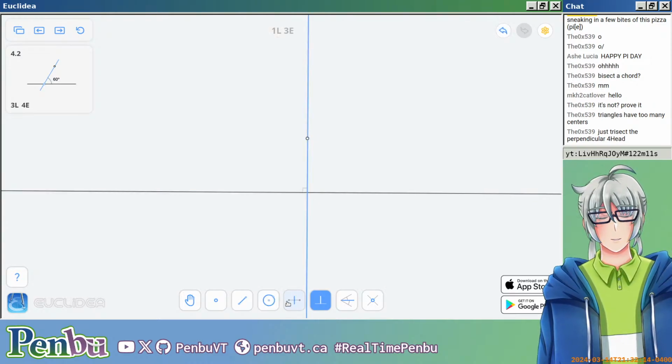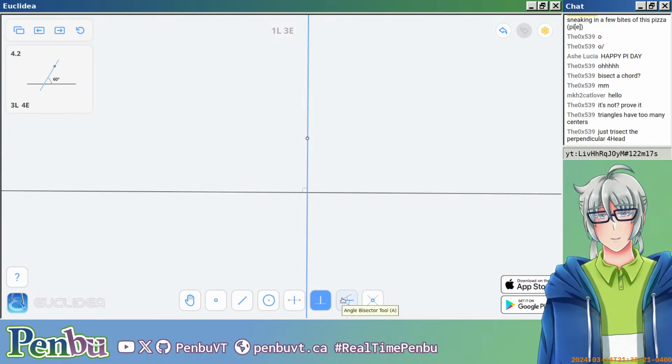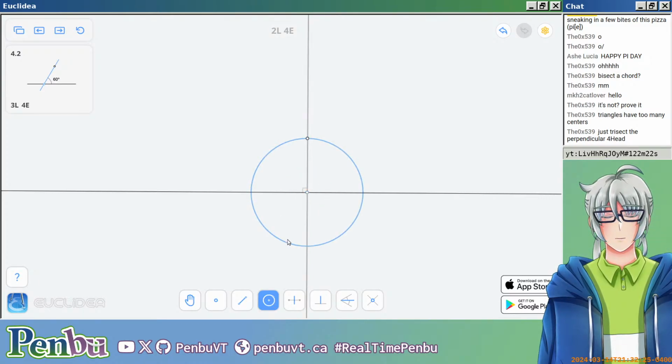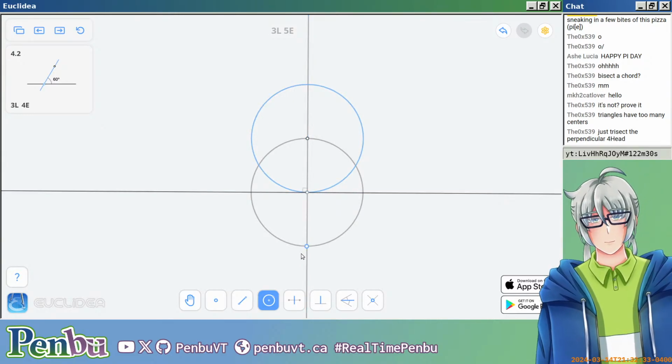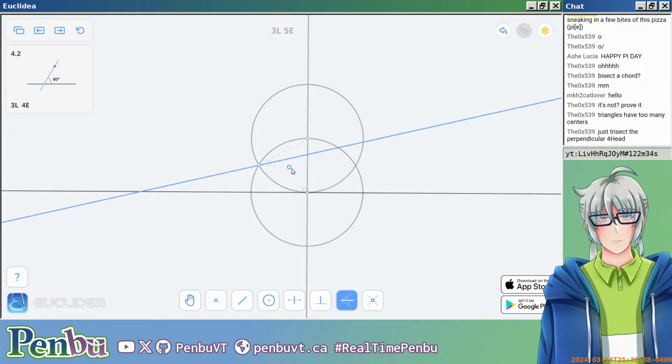So we'll start with dropping the perpendicular. Let me draw a circle. Or maybe we don't draw a circle. And that's what we did earlier.